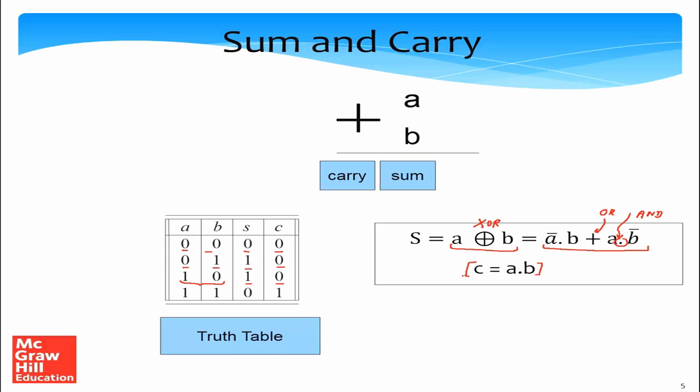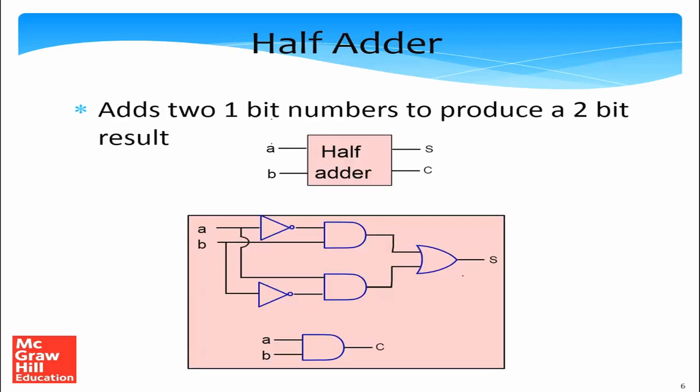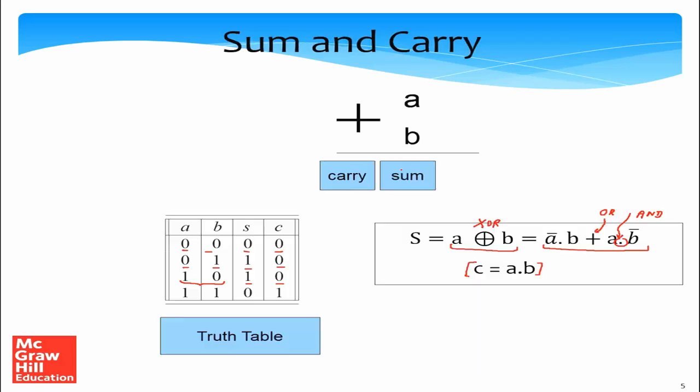So we can then implement a simple Boolean circuit called a half adder, which adds two 1-bit numbers to produce a 2-bit result. In this case, we'll add A and B, and the result will have a sum and a carry bit. So we just need to implement the circuit, the Boolean formulae shown over here.